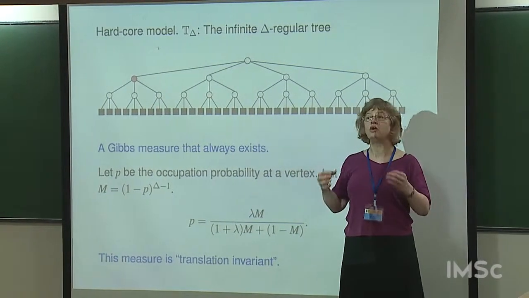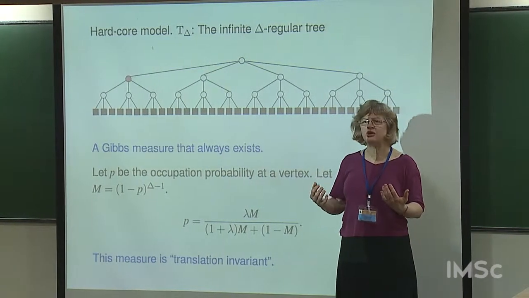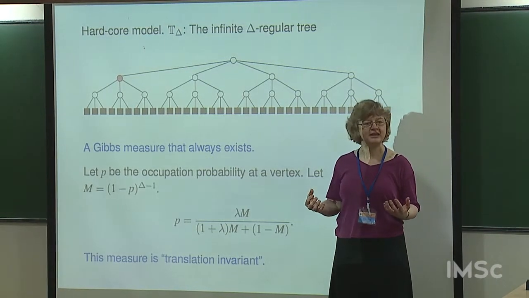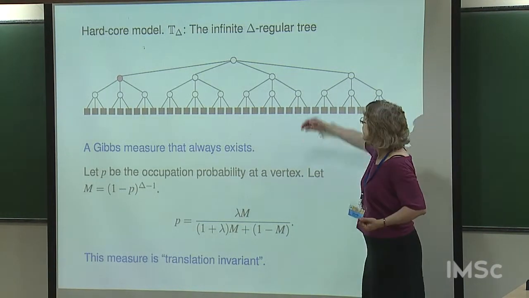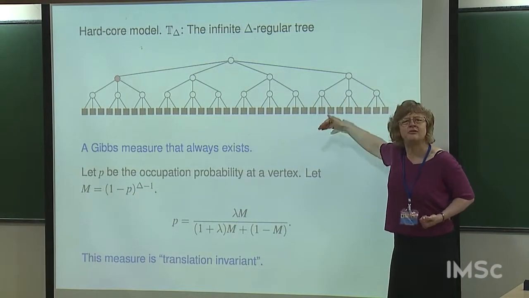What if lambda were really, really big? Okay, huge. If lambda were huge, then a typical configuration would have as many vertices in as possible. Now, how would you get a lot of vertices in? You would have to layer them, wouldn't you?